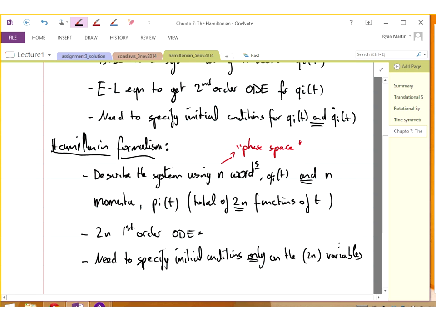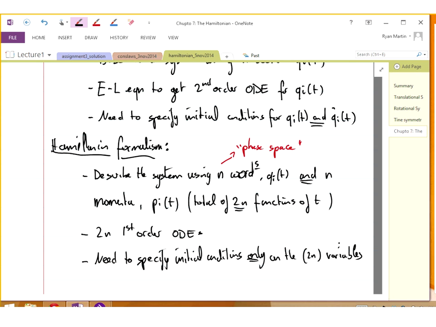So it doesn't sound like it's different because we still have to specify 2n initial conditions, but we're specifying the initial conditions on the variables, not on their derivatives. So in the Lagrangian formalism, we have to specify the initial conditions of the position and of the velocities. But here in the Hamiltonian formalism, the system is described by position and momentum. You have to specify both. And so you specify an initial condition for the momenta and for the positions.